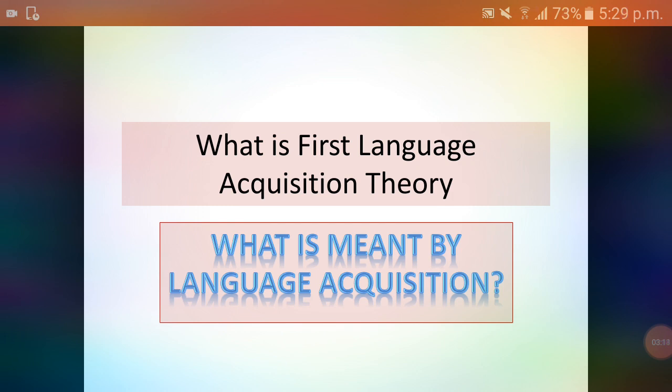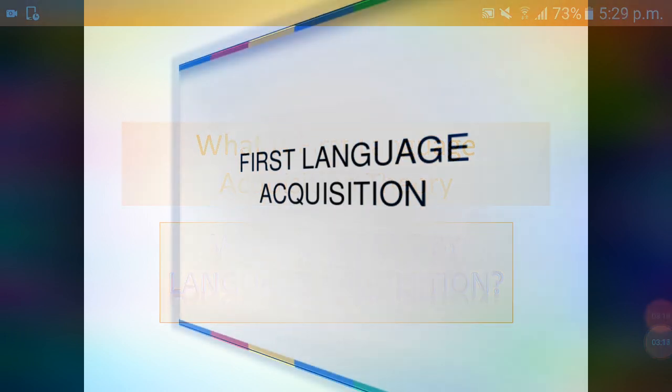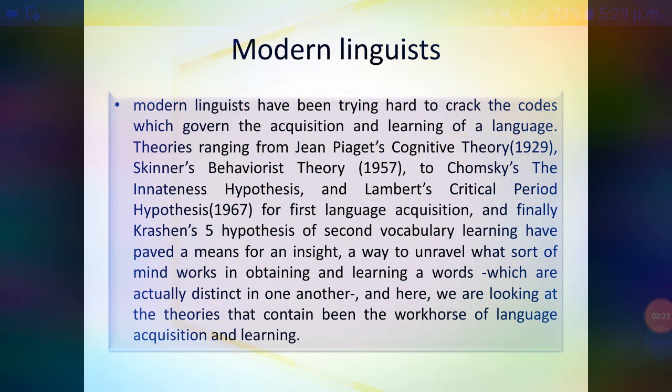So, what is first language acquisition theory and what is meant by language acquisition? Modern linguists have been trying hard to crack the codes which govern the acquisition and learning of a language.